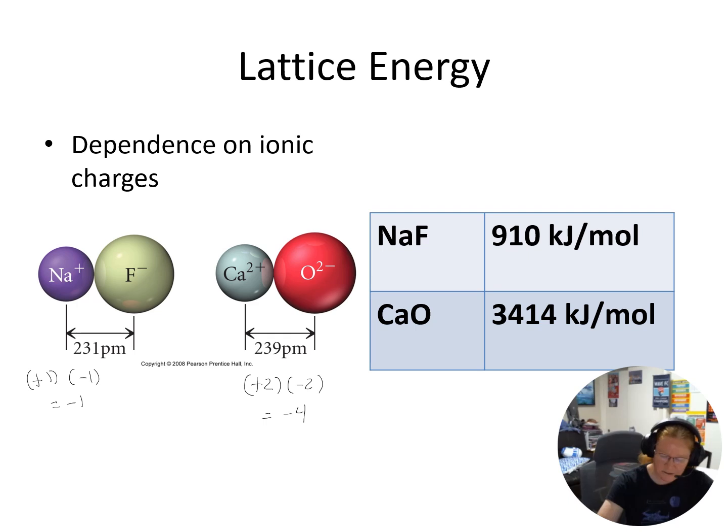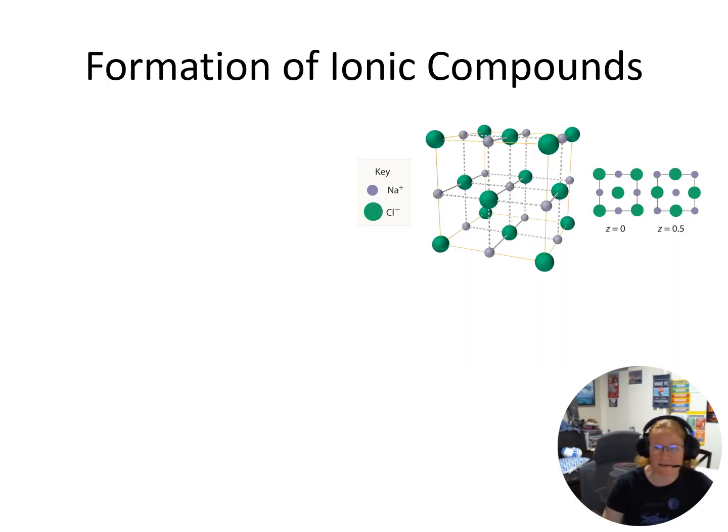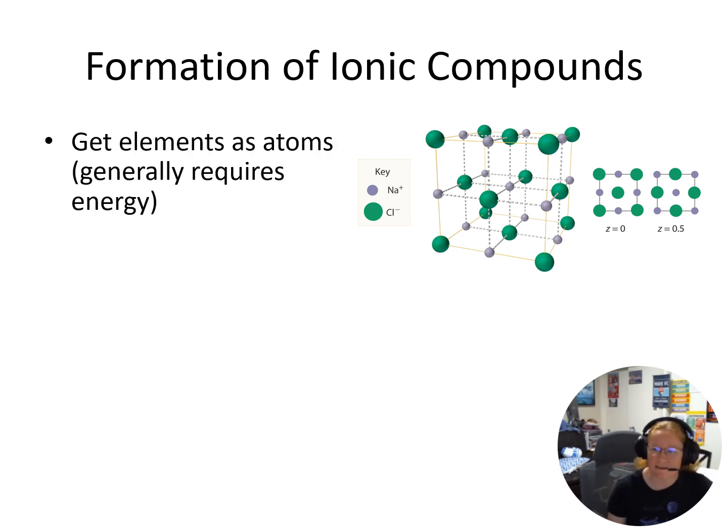Now when we form our ionic compounds, some things are going to happen. First, we need to get our elements as atoms. Let's say we're dealing with chlorine. Chlorine exists naturally as a diatomic, Cl2, so I need to split that up. That's going to require energy to break that chlorine-chlorine bond.